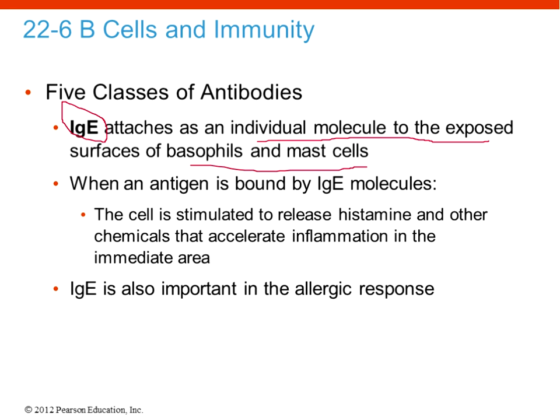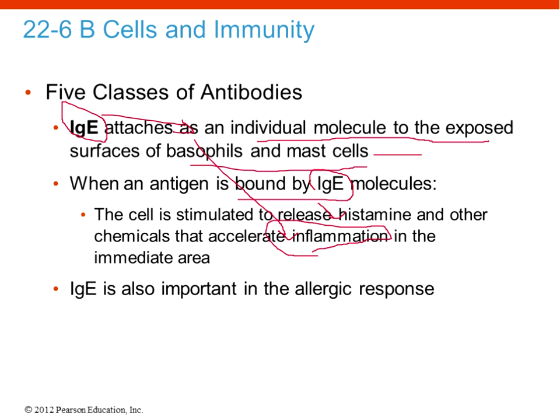IgE antibody, the next class we want to look at. It attaches to the exposed surfaces of basophils and mast cells, which are typically associated with inflammation. And so when antigen is bound by an IgE molecule, you're going to see a lot of release of histamine and other chemicals to increase inflammation. So when you think IgE, you can think inflammation, right?